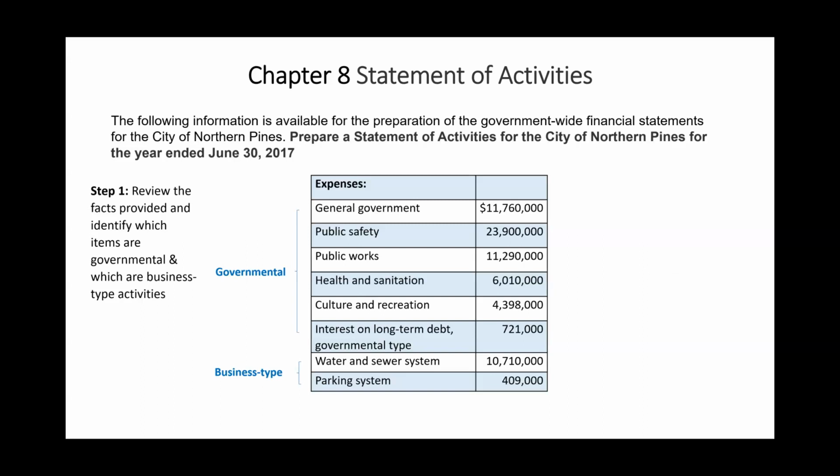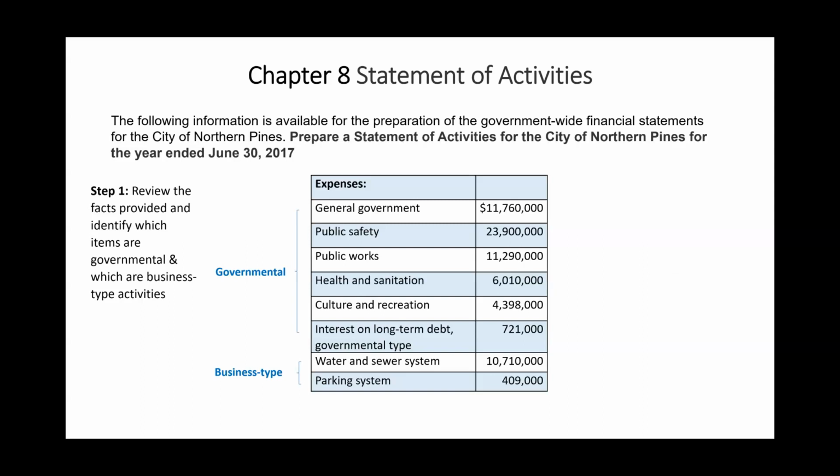So as you're going through your expenses, just think about who is this benefiting, right? So general government, obviously benefiting everybody. Public safety, that's benefiting everybody. Public works, benefiting everybody. Health and sanitation, that's going to typically be like your trash delivery systems, things like that, if your government has a sanitation department, right?